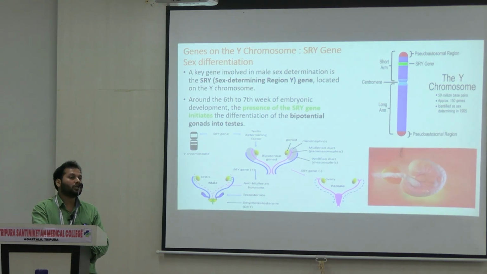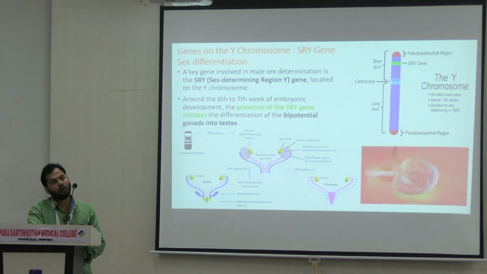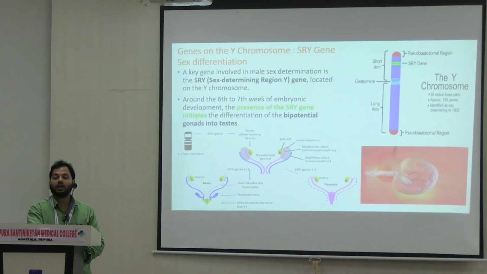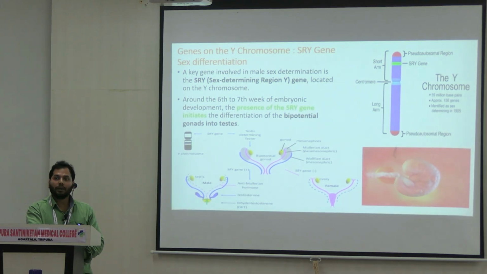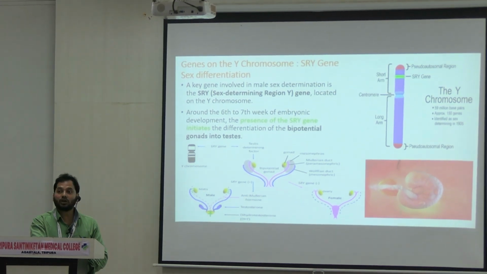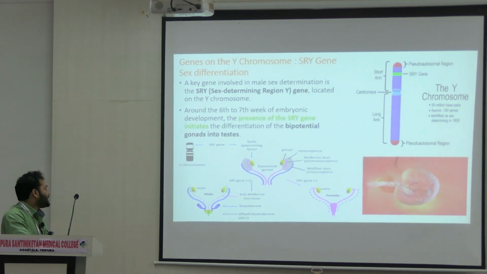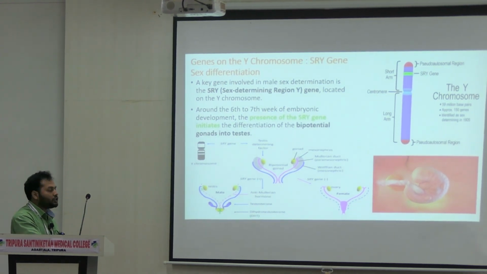So bipotential gonads are those which have the potential to develop either into testis or ovary, right? But whether it will develop into testis or ovary totally depends on the presence of that SRY gene, right?